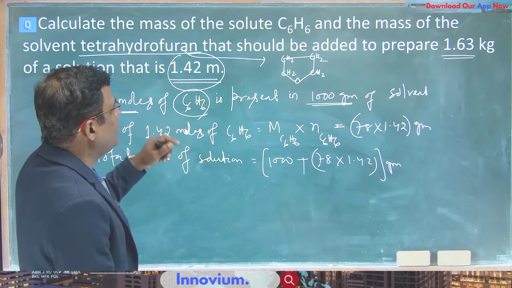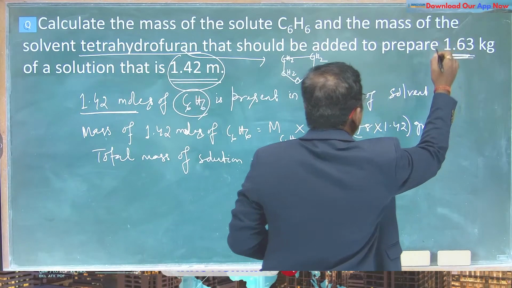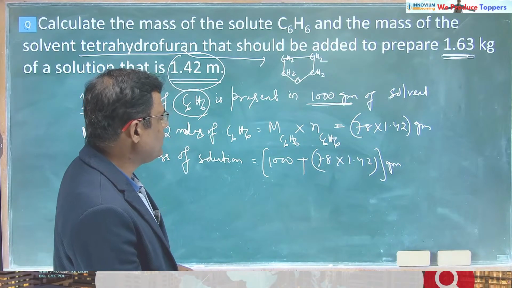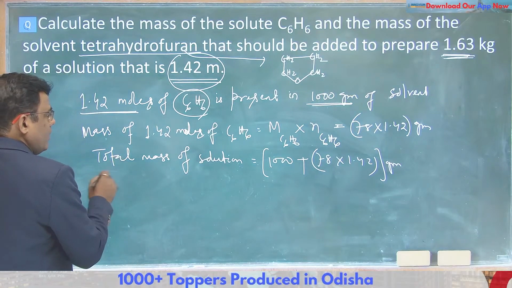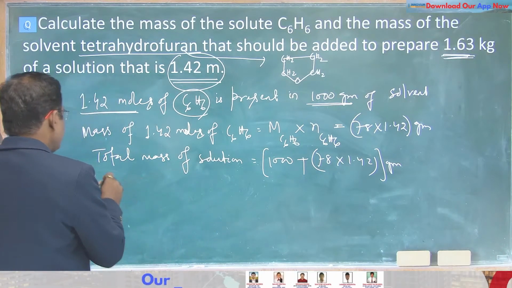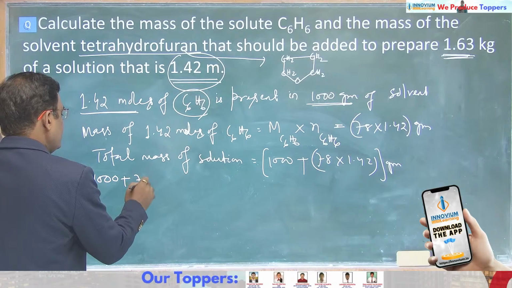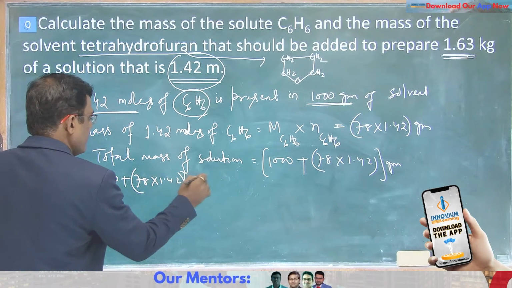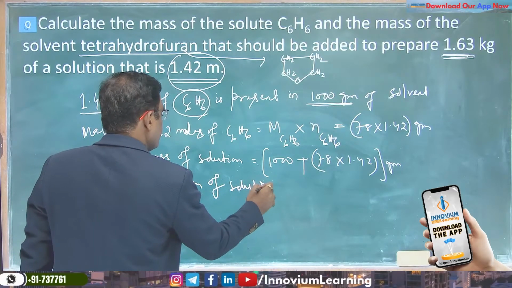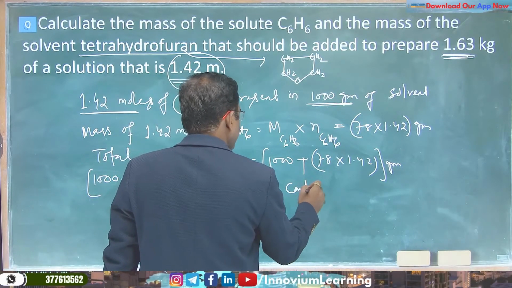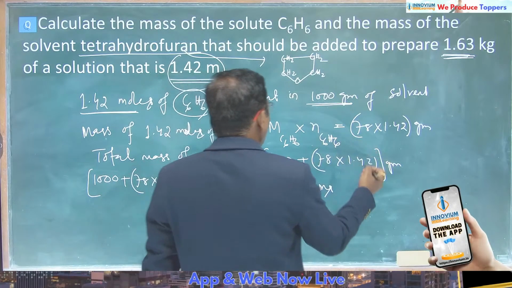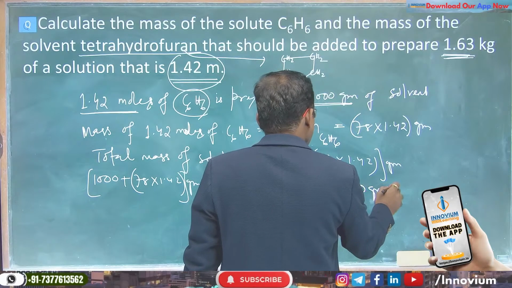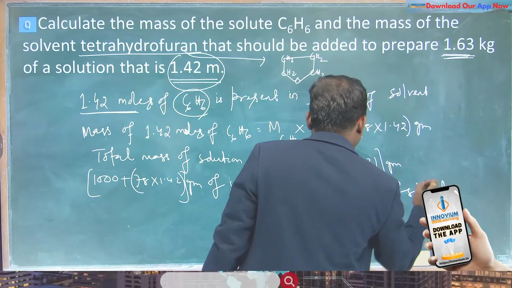Then the point is, what mass of solution is given? 1.63 kg. 1.63 kg means 1630 gram, correct? So 1000 plus 78 into 1.42 gram of solution contains what mass of solvent? 1000 gram of solvent.